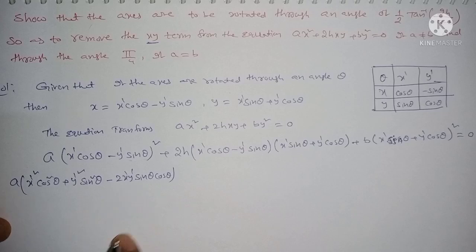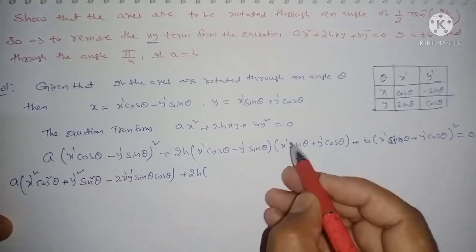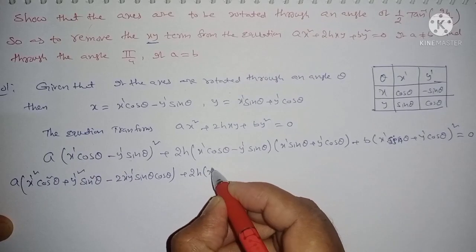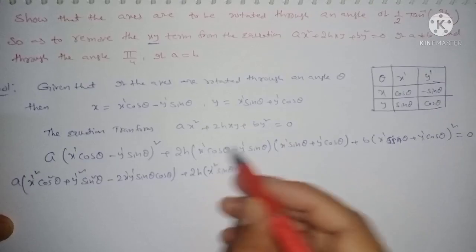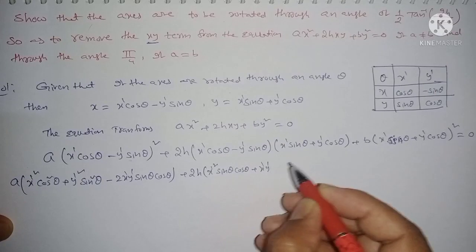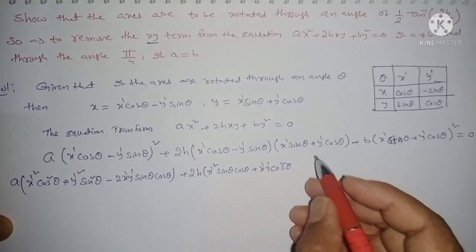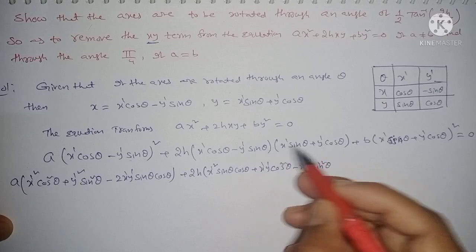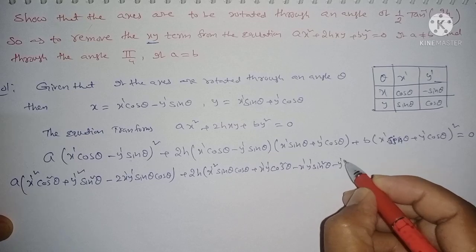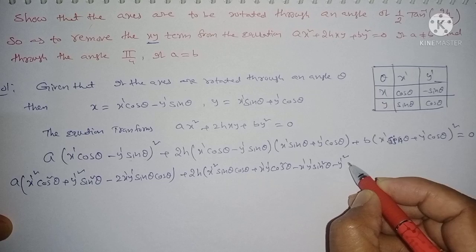Next, 2h: x dash into x dash is x dash whole square sin theta cos theta, and plus x dash y dash cos square theta, and minus x dash y dash sin square theta, and minus y dash square sin theta cos theta.